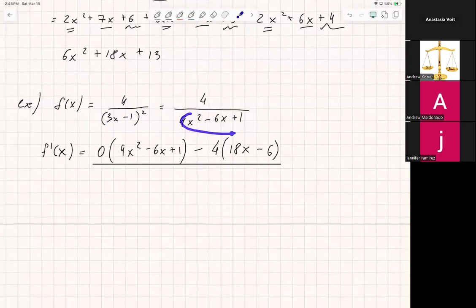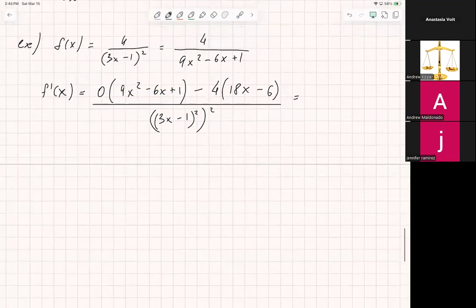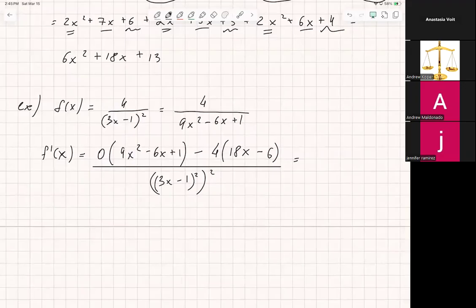Instead of writing it this way, I'll just use the original version and square that, so I have (3x minus 1) squared again. Okay, now let's simplify. The first term is gone because we multiply by 0. The second term would then be negative.